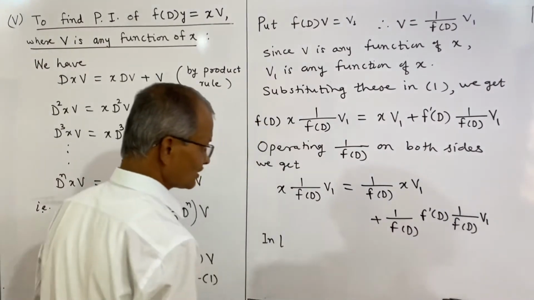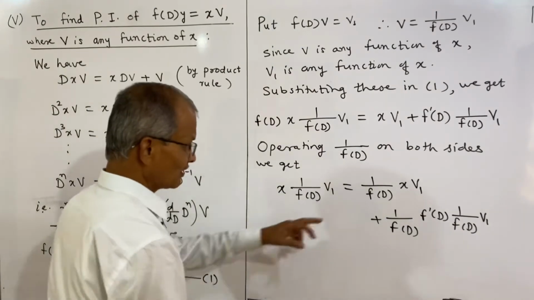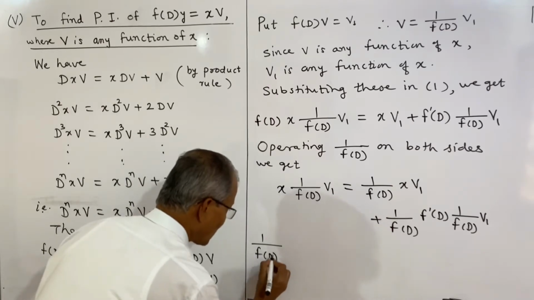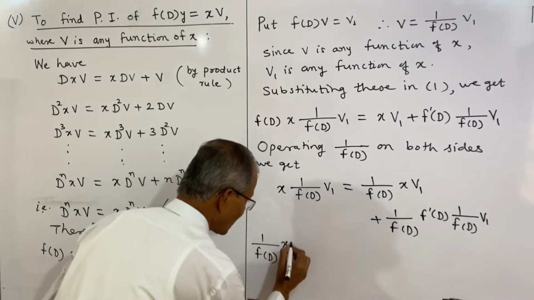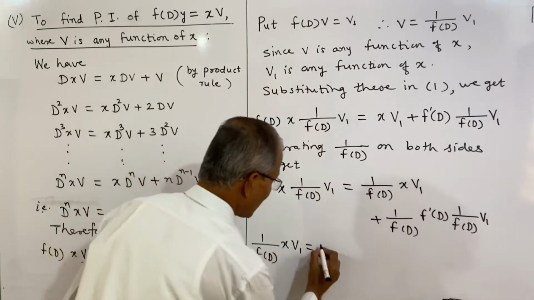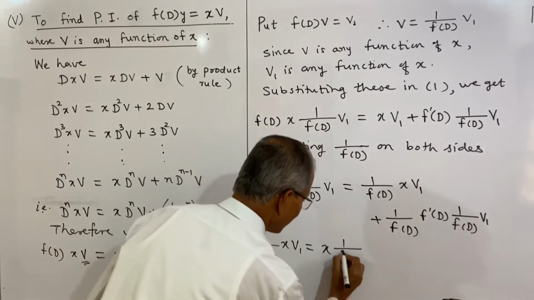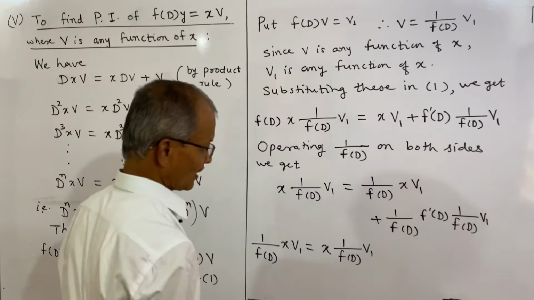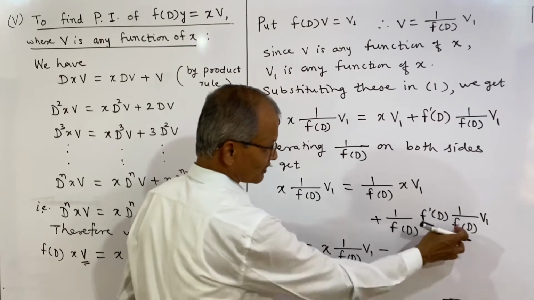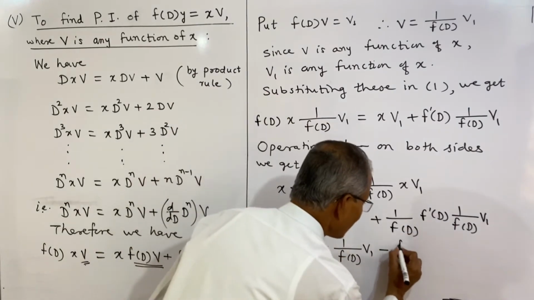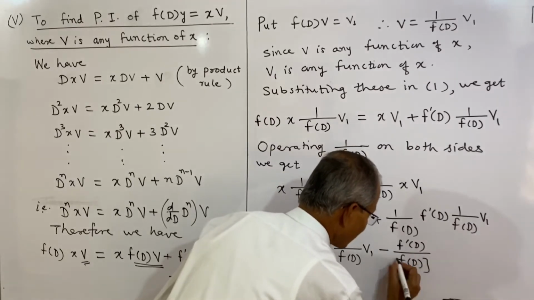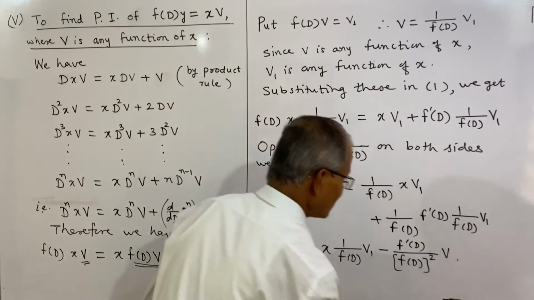So the value of this, 1 upon f of d x into v1, is equal to this term shifted to the left side: x 1 upon f of d v1 minus, and this can be written as f dash d in the numerator over the square of f of d, that is f dash of d divided by f of d whole square, operated on v1.